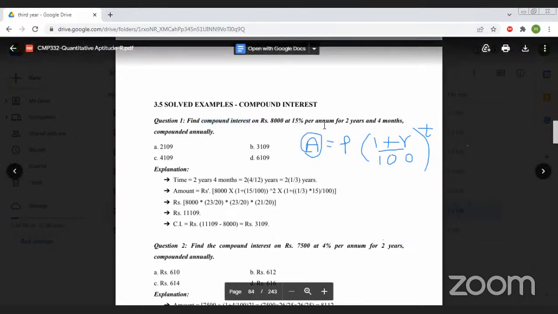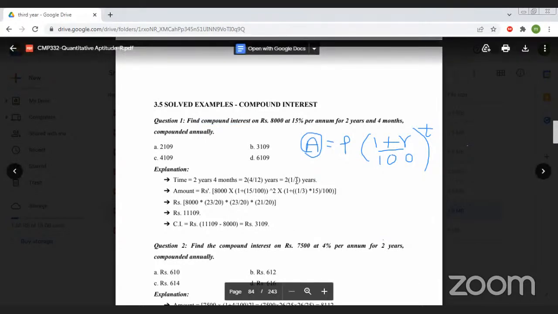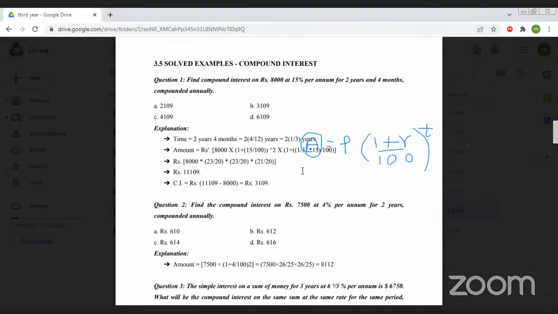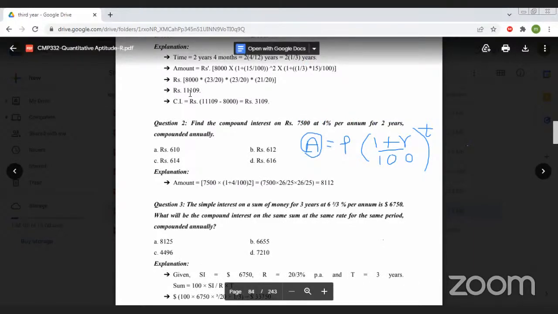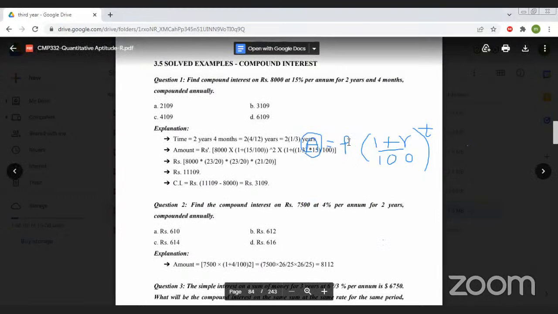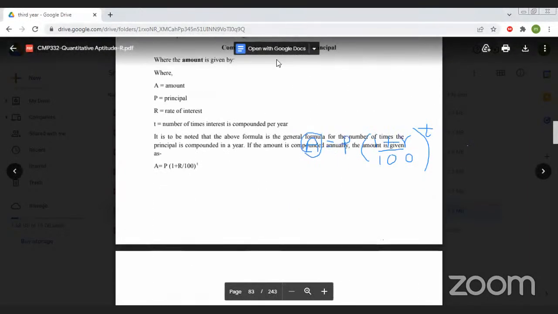Understood how you are going to solve this sum? When you solve it, the value which you get, you have to subtract P from it. So the compound interest formula is CI equals A minus P. Don't forget.